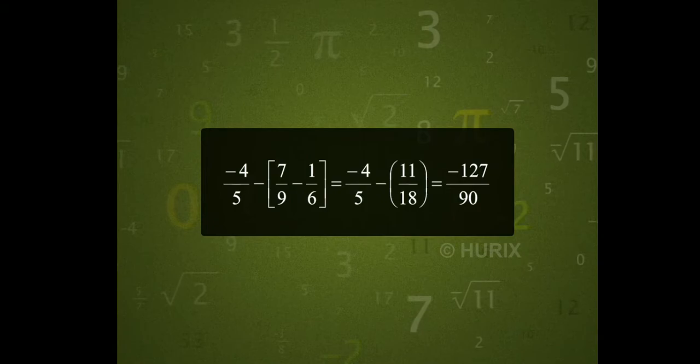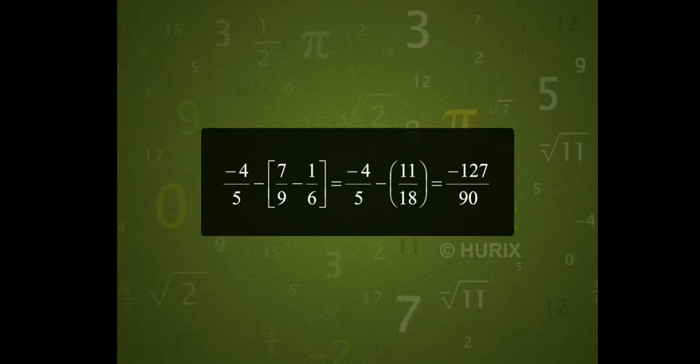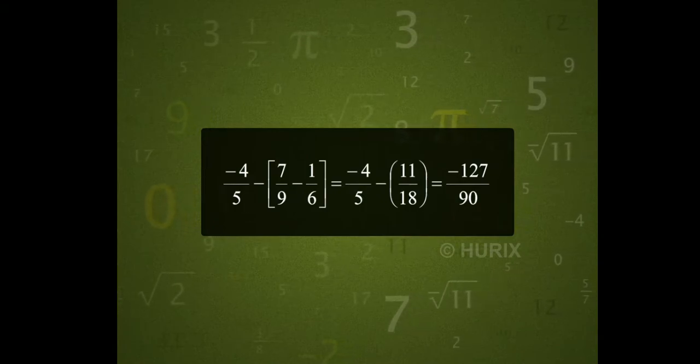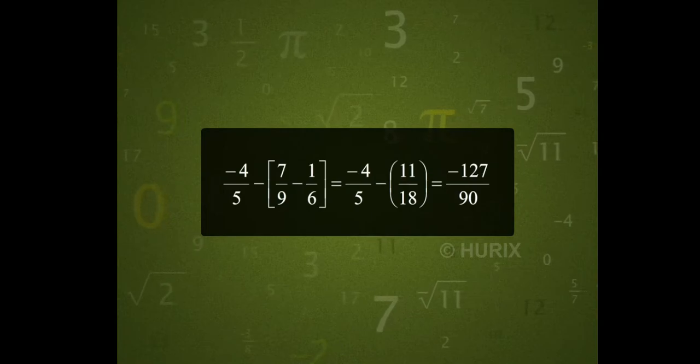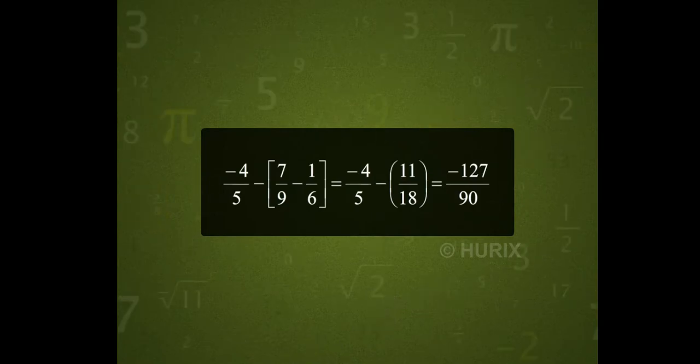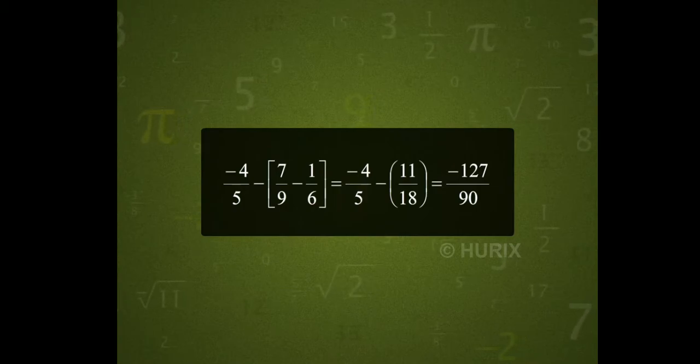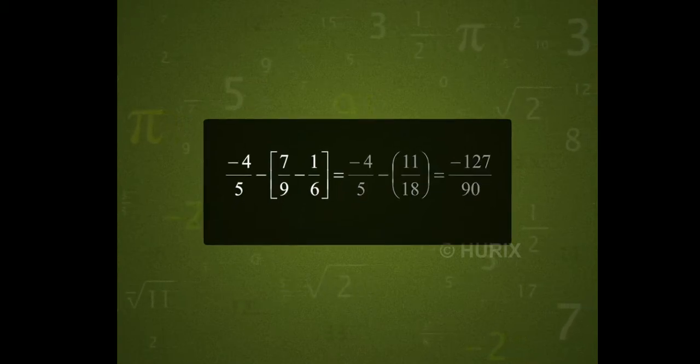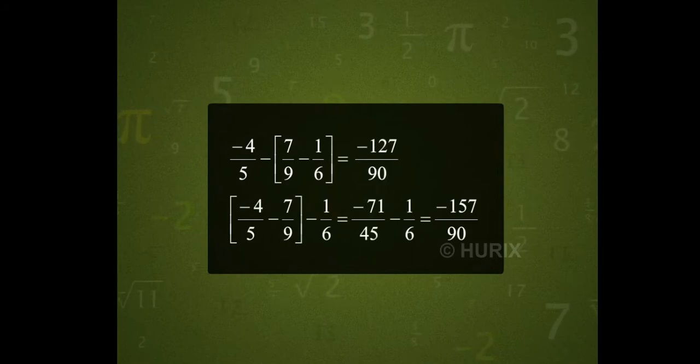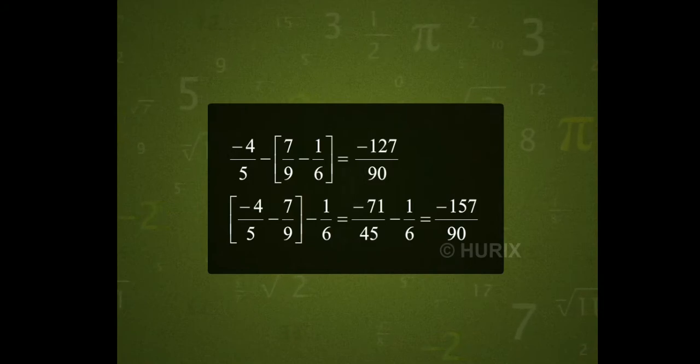Next, let's check whether subtraction is associative for real numbers. Let's carry out subtraction on these rational numbers by grouping 7 by 9 and 1 by 6 first. Now, let's group negative 4 by 5 and 7 by 9 and find the answer.